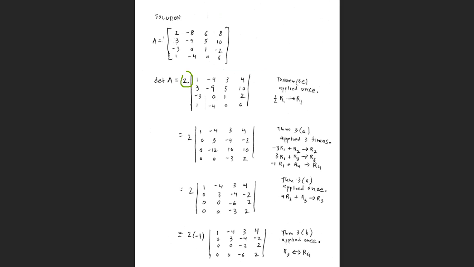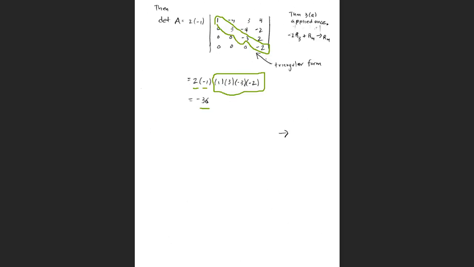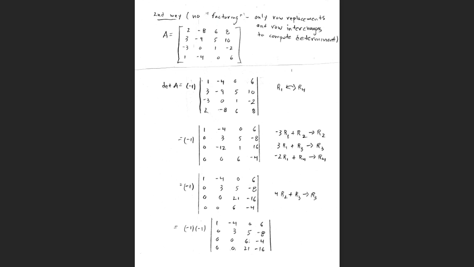You can think of this as a factoring step. But we can do the row reduction without that factoring step. So let's look at it a second way.